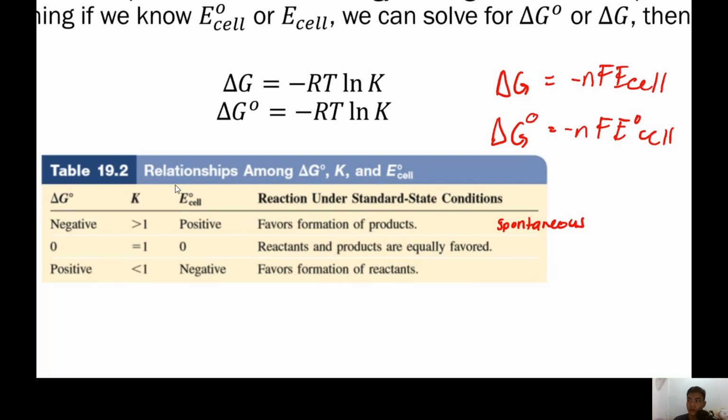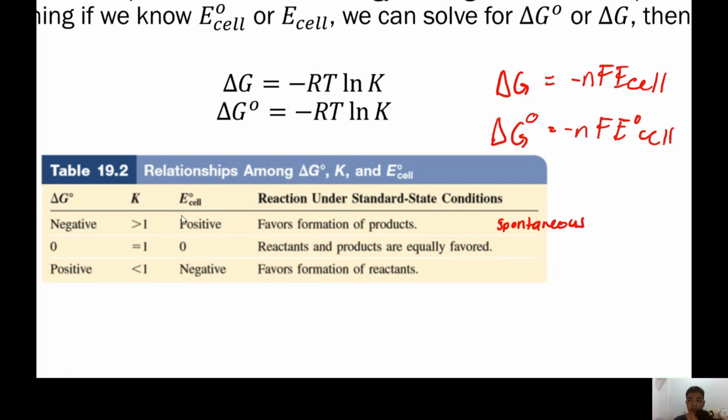Based on the E cell, if your E cell is positive, then your delta G is negative. Think of it as this multiplied by a negative sign. If this is positive multiplied by a negative sign, then all of this will be negative. So our E cell should be positive for delta G to be negative.